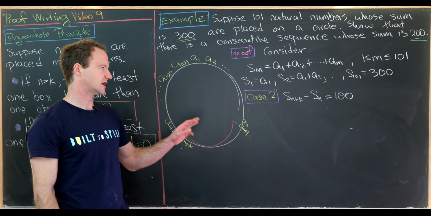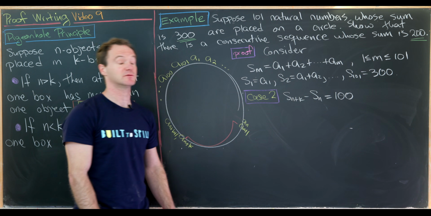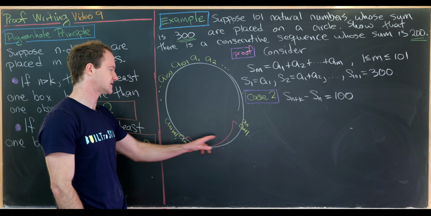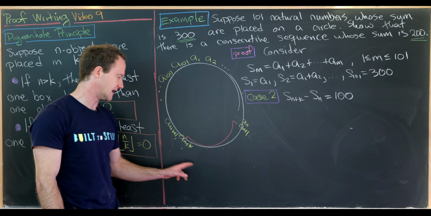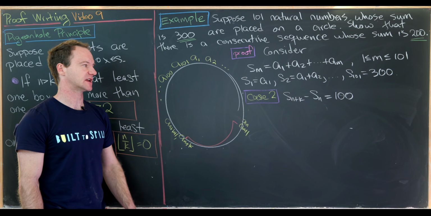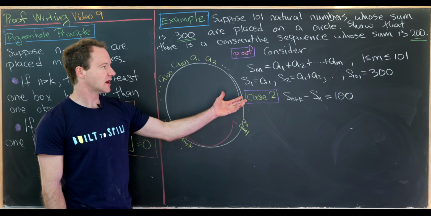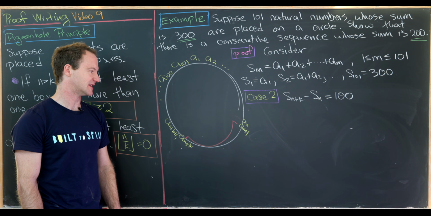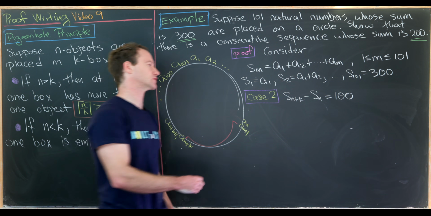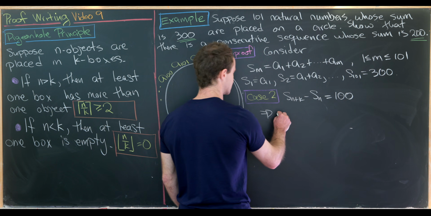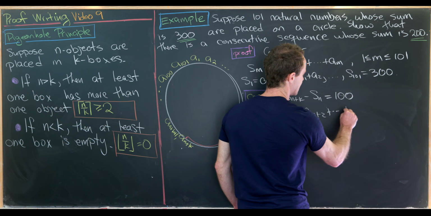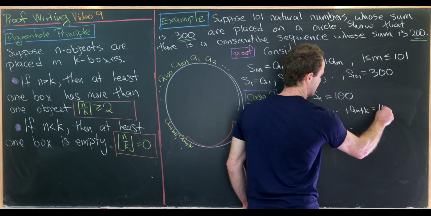We just looked at the first case, when S_{n+k} minus S_n was equal to 200, and we got a string of terms, starting at a_{n+1} and ending at a_{n+k}, that equaled 200, which showed we had the right kind of consecutive sequence. Now we look at the other case. If S_{n+k} minus S_n equals 100, then a_{n+1} plus a_{n+2} ending at a_{n+k} equals 100.